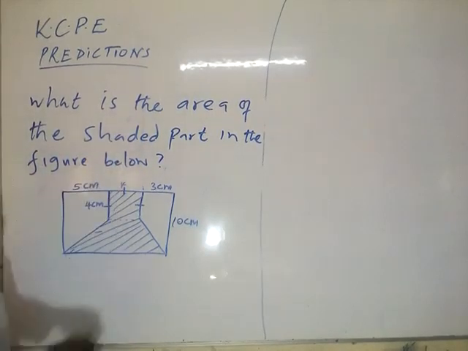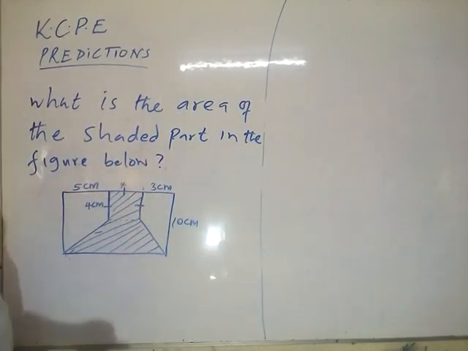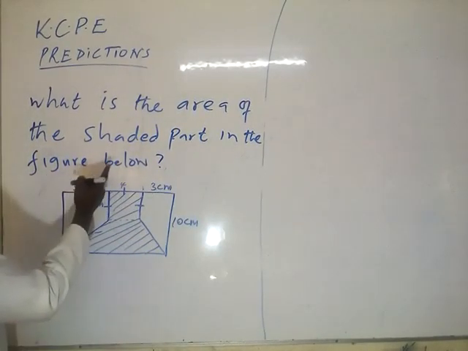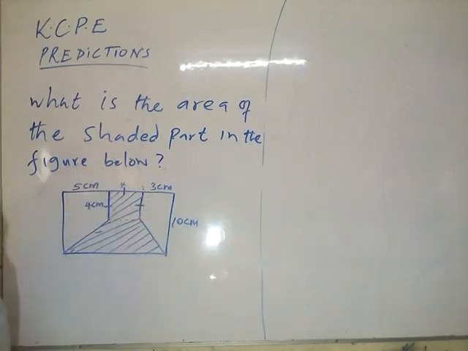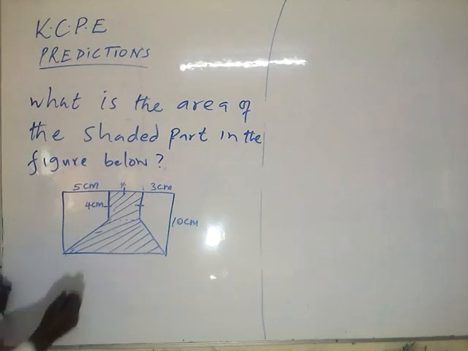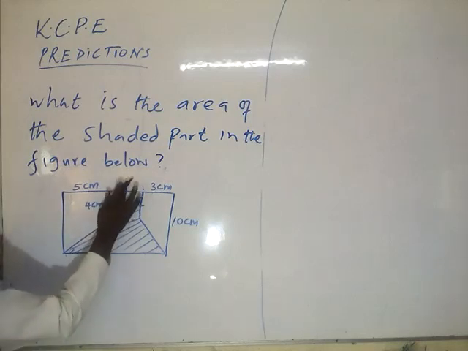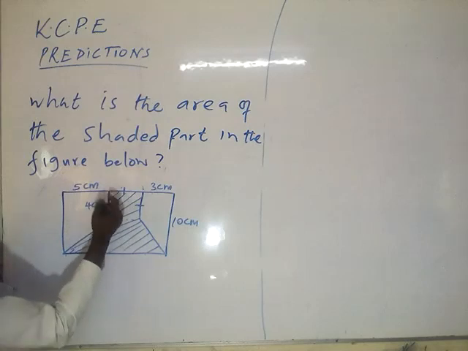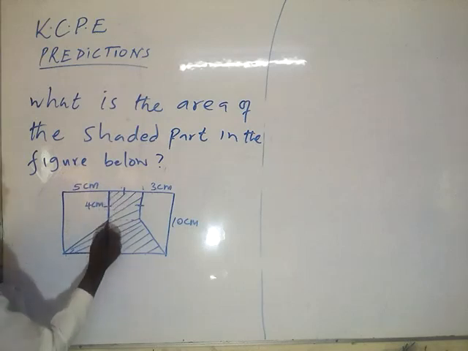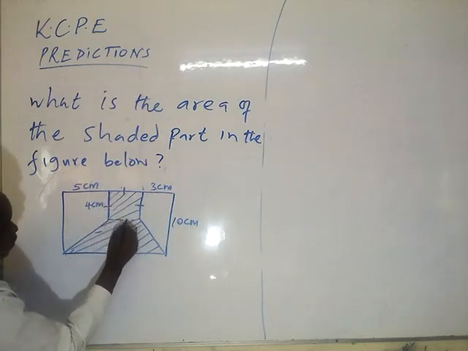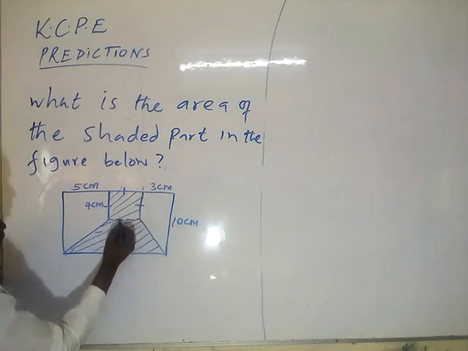What is the area of the shaded part in the figure below? So look at this diagram and then you analyze it and you see. So we were given that, as you can see now here, you are supposed to see that this one is a square.